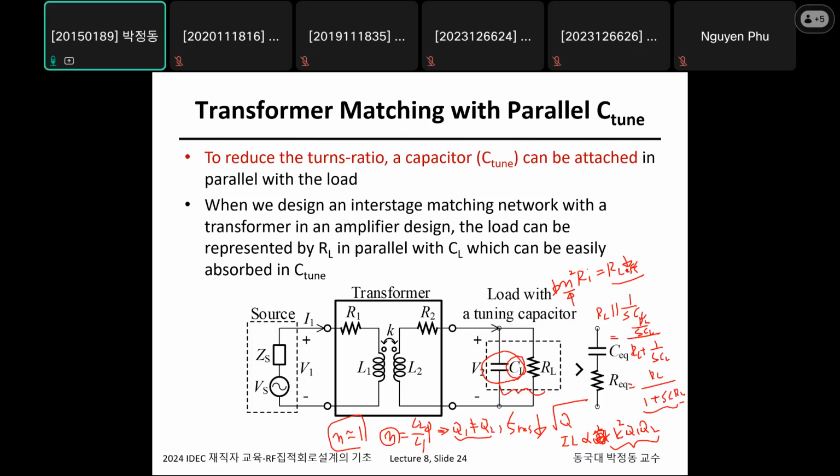So this is reduced as the frequency goes high. The effective RL is reduced. Make sense? Since this is reduced, you can reduce N. Okay? So this is the most widely used configuration. Also, our lab utilizes this very frequently.